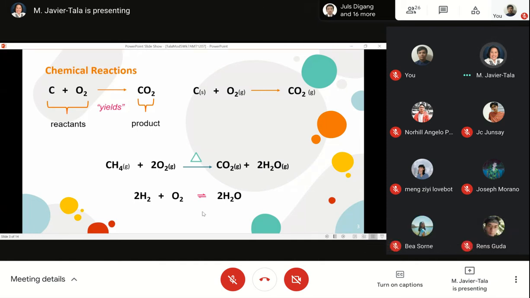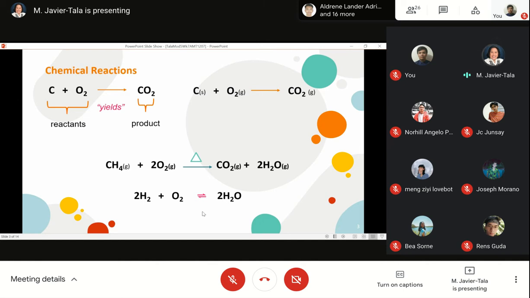So in these two half arrows, if the arrow going to the right is shorter compared with the one going to the left, it means your formation of products is slower compared with the formation of your reactants.